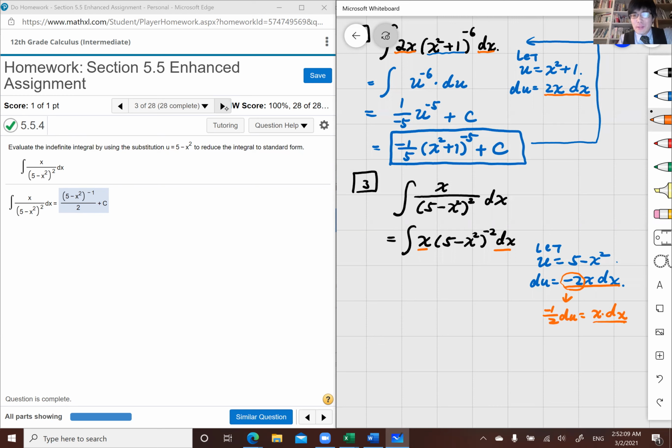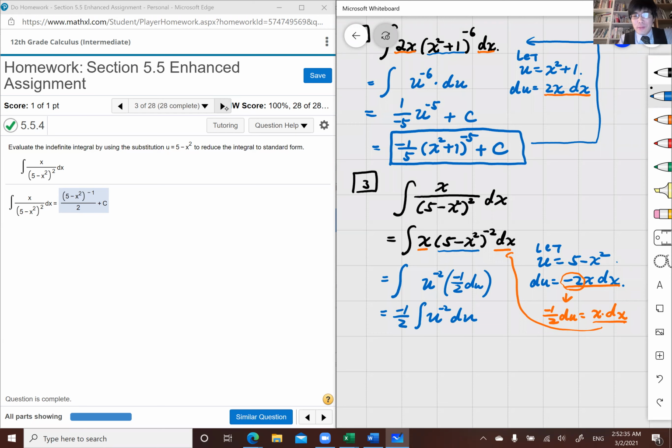So this part you can apply it to here. So after u substitution, it's going to be u to the power of negative 2 times negative 1/2 du. Put the constant in front of the integral.